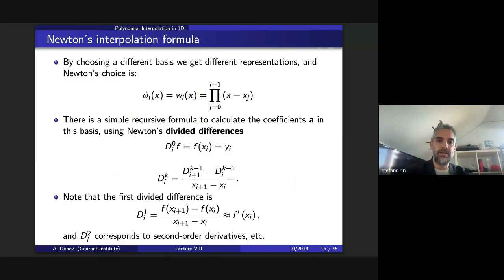We start with the polynomial d0i, that is, di of 0 of f, which we ask to be equal to f of xi, and the f of xi is equal to I. Then this formula is repeated: di of k, where now the I is fixed and we're increasing the k, is equal to di plus 1 of k minus 1 minus di of k minus 1, divided by xi plus 1 minus xi. You see that for all of these di's, they are all hitting the xi point. So we have m of these di of 0.